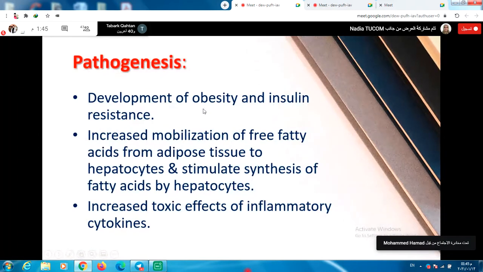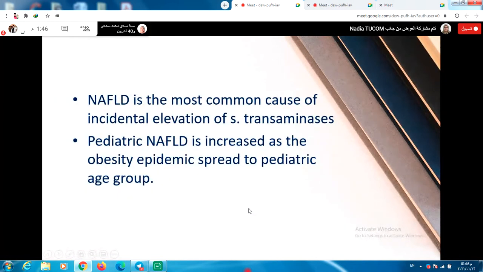Insulin resistance increases the mobilization of free fatty acids from the adipose tissue to the hepatocytes and stimulates the synthesis of free fatty acids by the hepatocytes, and so the body is trying to make energy from the free fatty acids. There is increased toxic effect and inflammation, with inflammatory cytokines in the liver tissue.